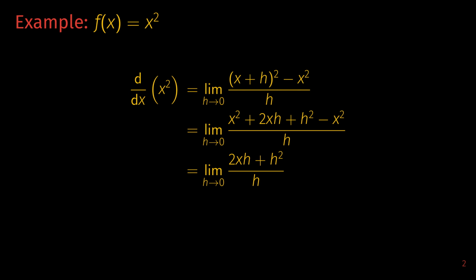So we might divide both the numerator and denominator by h to get the following. When we have this, it becomes evident that as h approaches 0, we are left with just 2x, meaning that the derivative with respect to x of x squared is 2x.